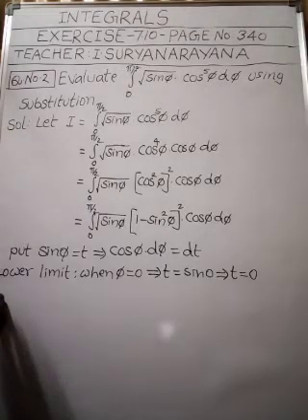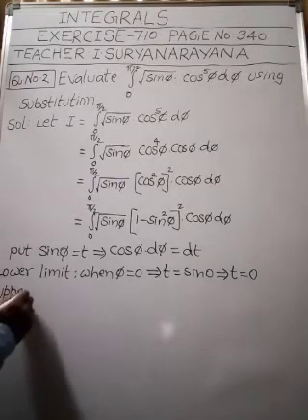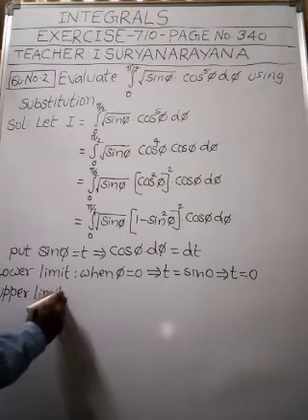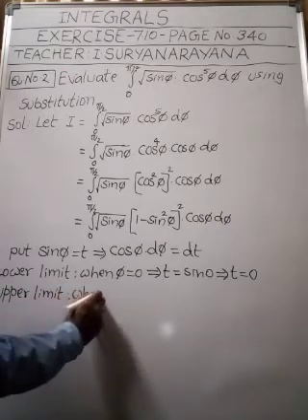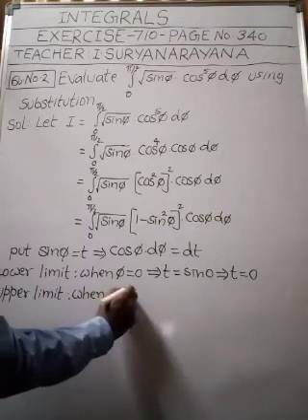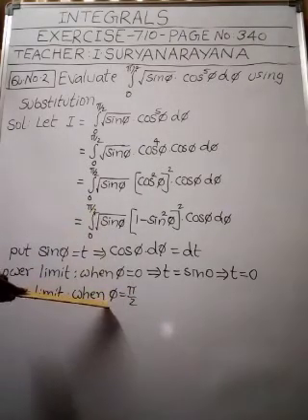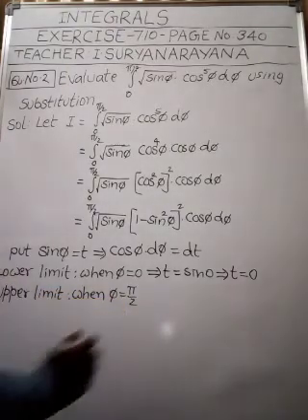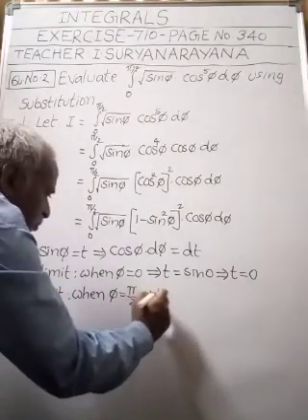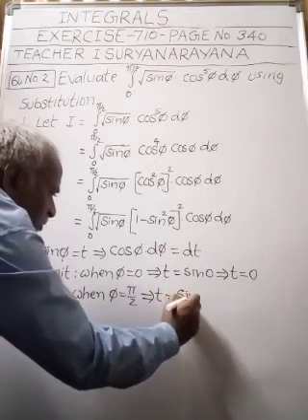Right. Now upper limit. When phi is equal to pi by 2, what is the upper limit here? Pi by 2. So when phi is equal to pi by 2, then t is equal to sine pi by 2.